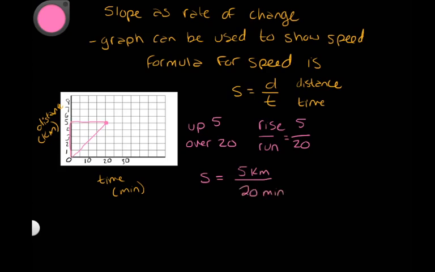Now we can make this even more precise because we can take our top number, divide it by our bottom number, and 5 divided by 20 is 0.25. So in the context of this question, if we're looking to find the rate of change for this athlete, they have traveled 5 kilometers in 20 minutes.